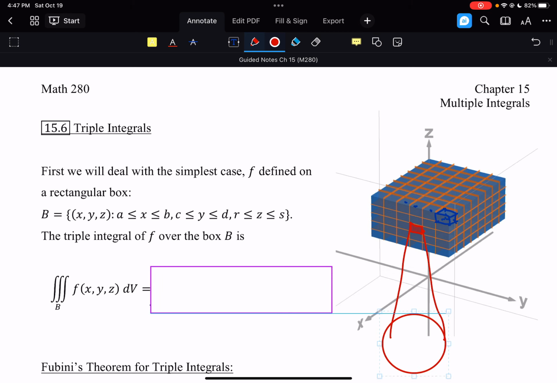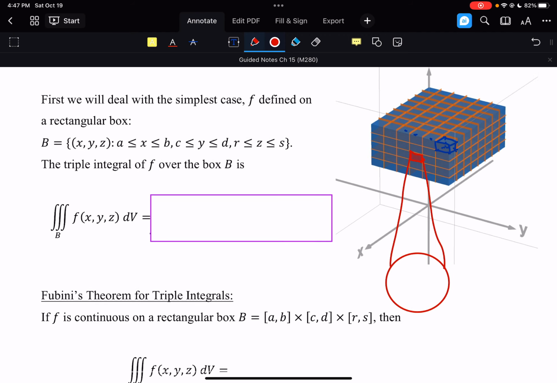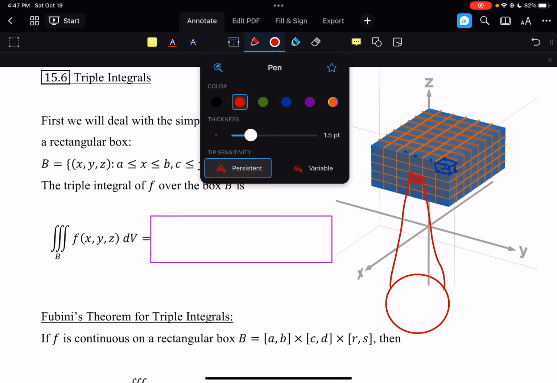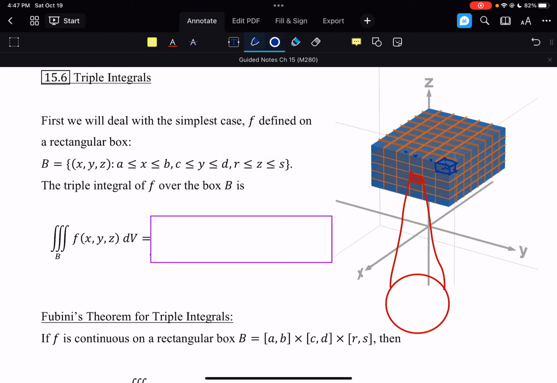if we look at what's going on in here, we have a rectangular box, and x is changing as we move from this side to this side.